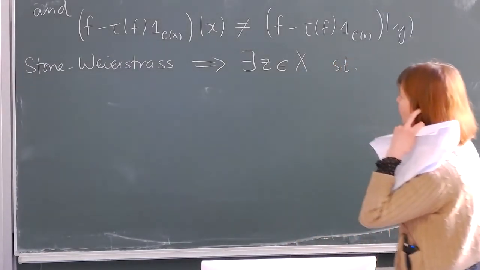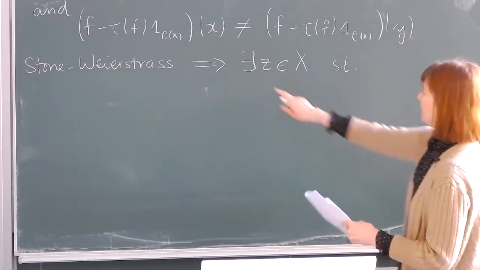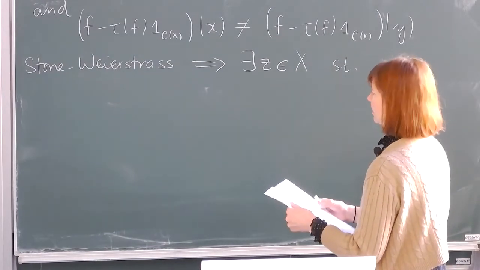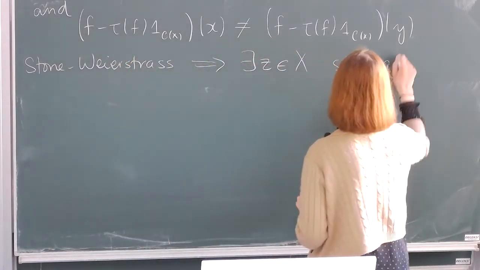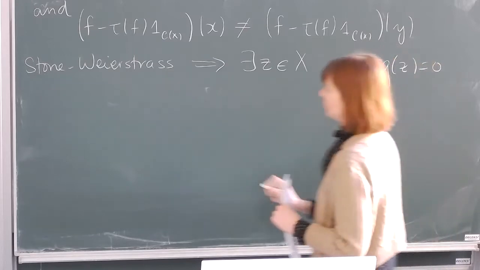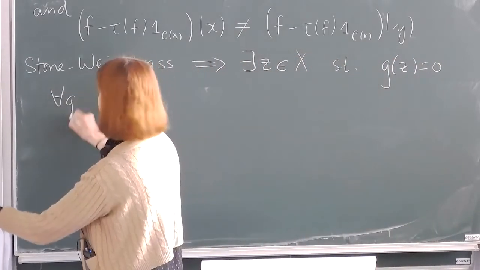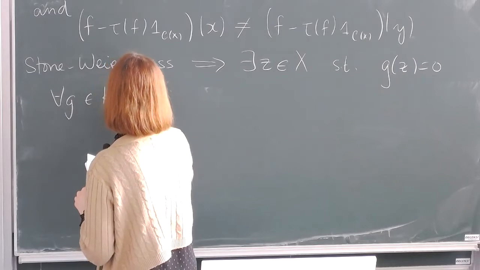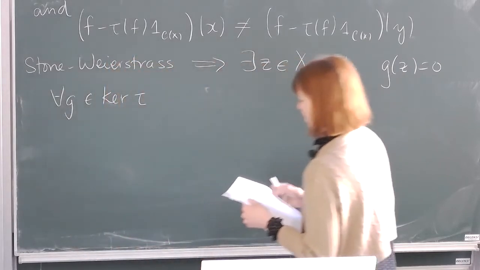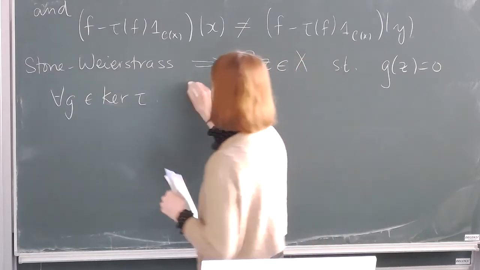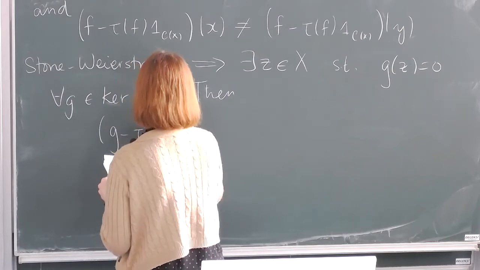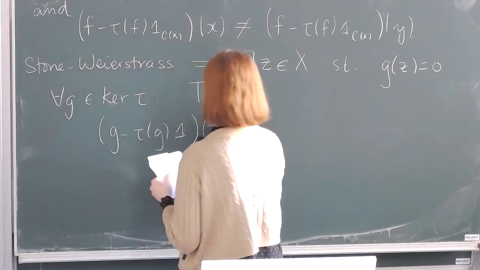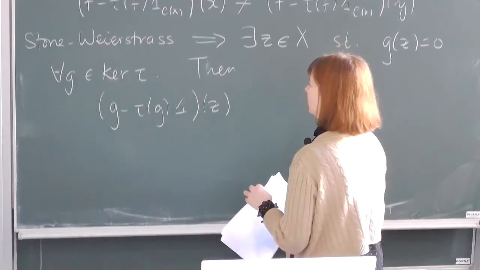By the Weierstrass theorem, there exists some z in X such that g of z is 0 for every g in this kernel. So g is in the kernel of tau.